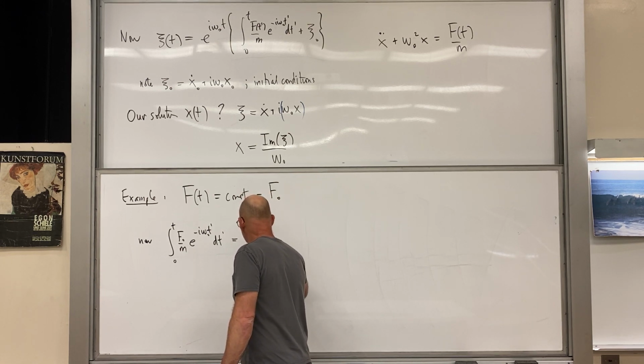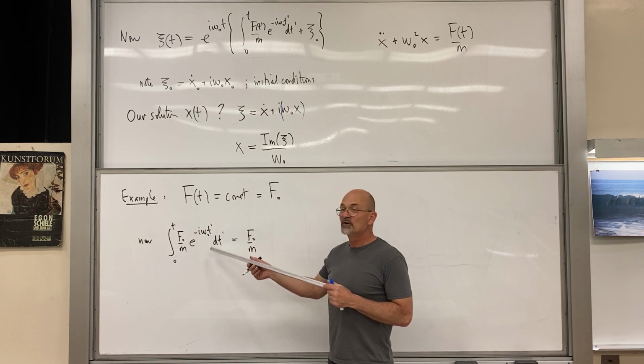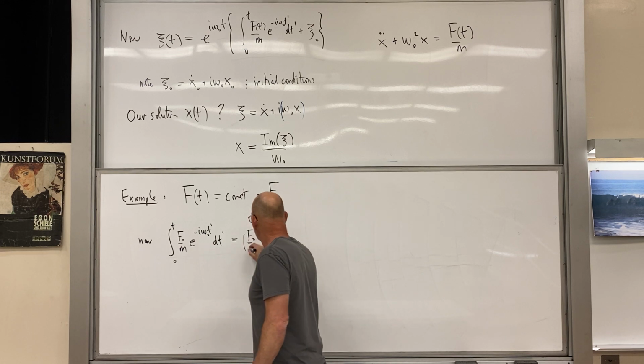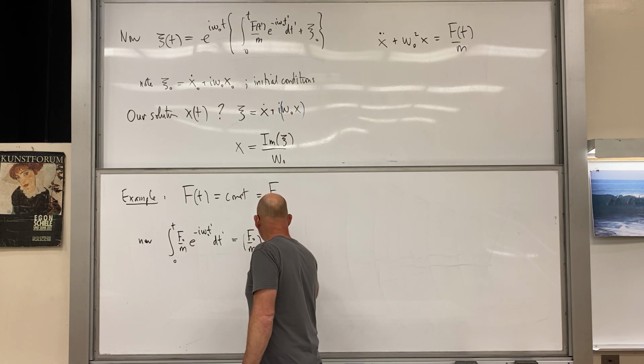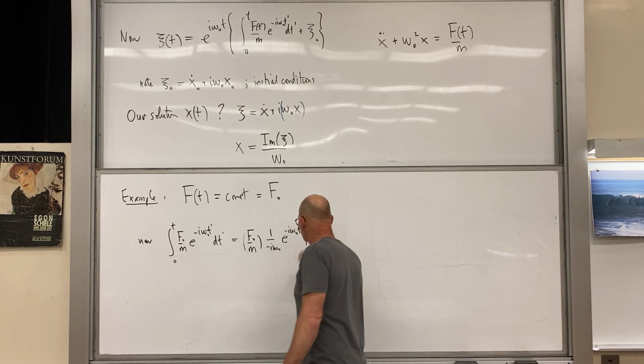We'll go ahead and get that equals F naught over m. So what about this integral of the exponential? Well, we just treat it the way we treat any function. And so we would integrate with 1 over negative i omega naught, e to the negative i omega naught t prime, from 0 to t.